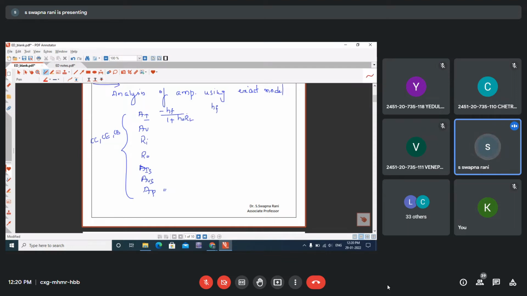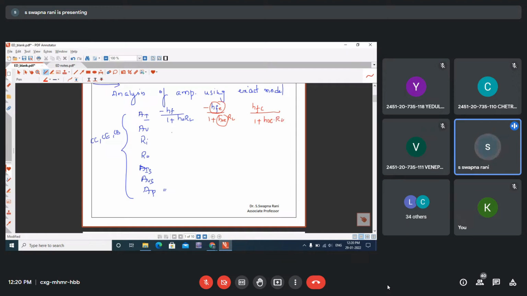If you want to calculate the current gain of CE, then you need to write HFE by 1 plus HOE into RL. You just need to substitute HFE and HOE. If it is for CC, HFC by 1 plus HOC into RL.